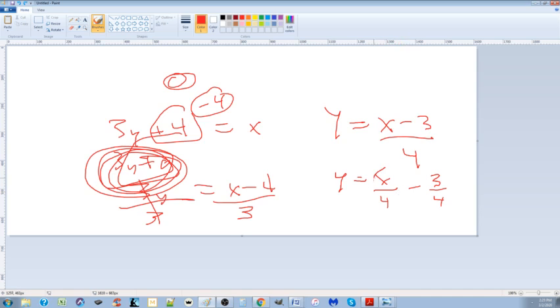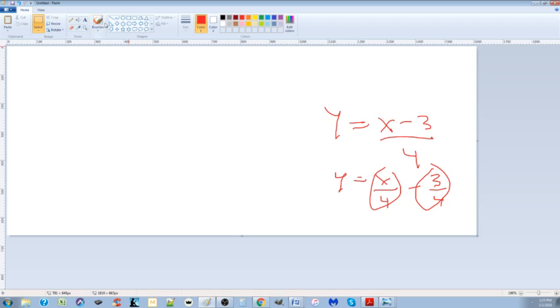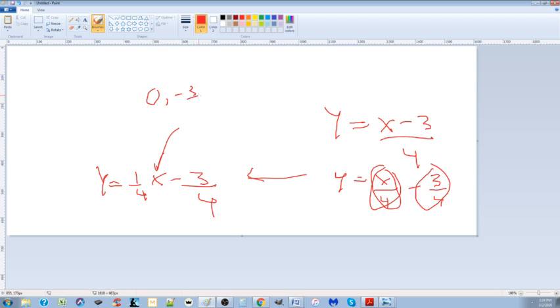In a way, this is good if you're trying to come up with a line formula, because this is the same as the line formula, y is equal to 1/4 x, so I've simply taken the quarter right out of this, minus 3/4. So this line crosses the y axis, has a y-intercept of 0, minus 3/4.